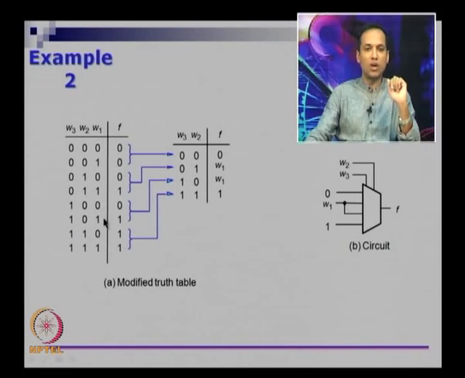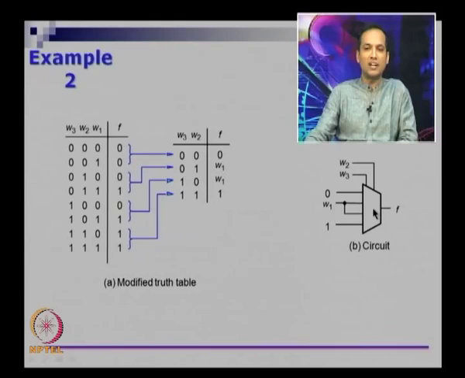If you change W1 from 0 to 1, f will change from 0 to 1. So that we represent here. If W3 and W2 are 1 0, then f is W1, and if W3 and W2 are both 1s, then without looking at W1 the output is a 1. Even if W1 is 0 or 1, it does not matter, output is a 1, we can write that directly.